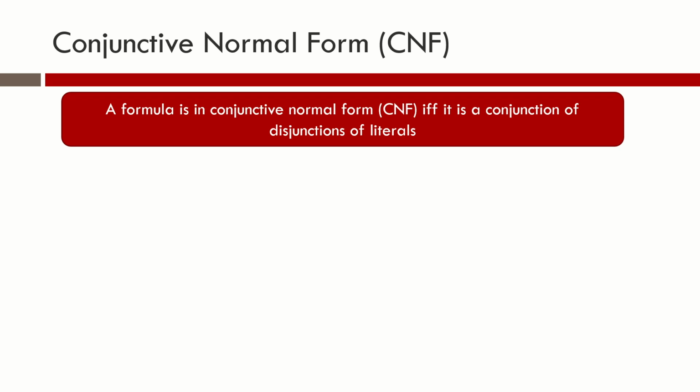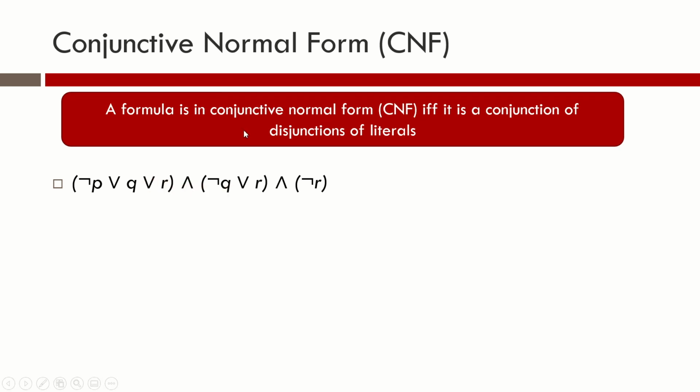We can see some examples. See here, we have disjunctions of literals. This is negation P or Q or R, where we have only disjunctions. Here again we have disjunctions connecting the formula, and these disjunctions are connected using conjunctions.